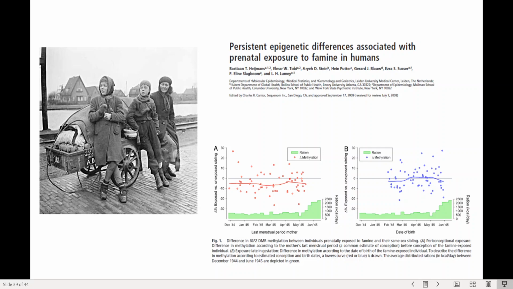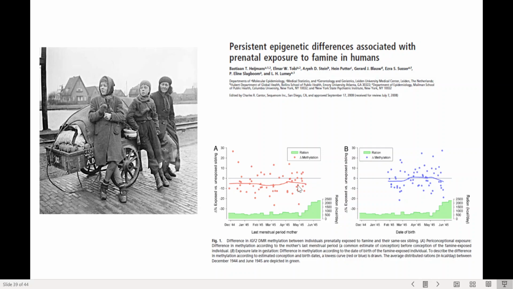And what they found is that if women were pregnant and the nutritional status was scarce right at the beginning of the pregnancy, what we can see compared to other siblings of the same mothers that were not exposed to hunger, we see a decreased rate of methylation.